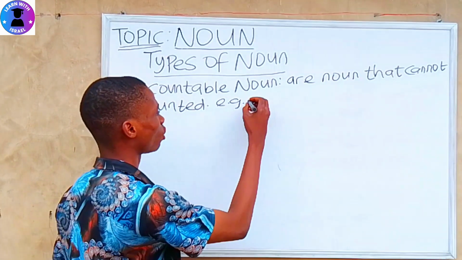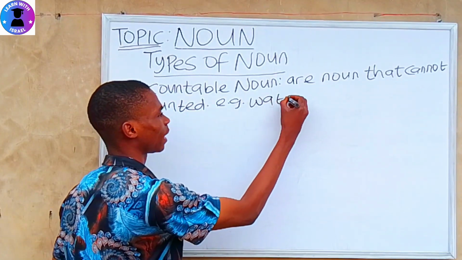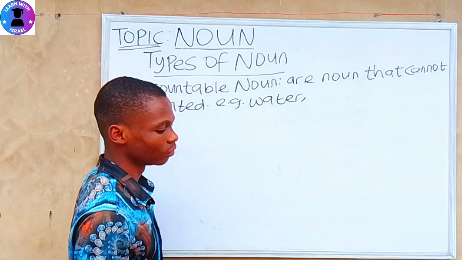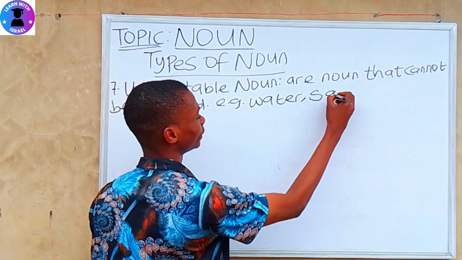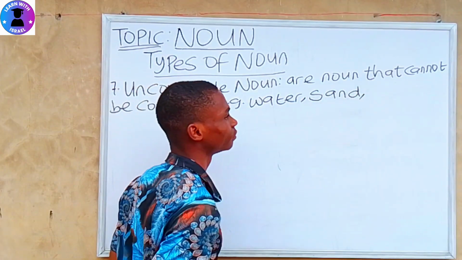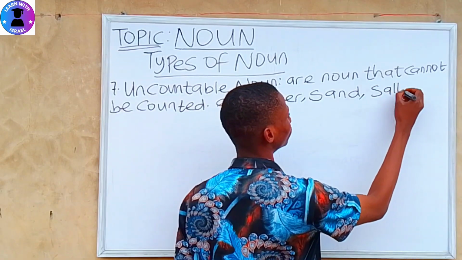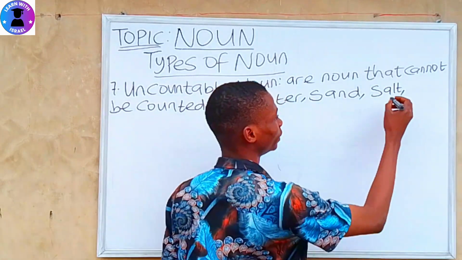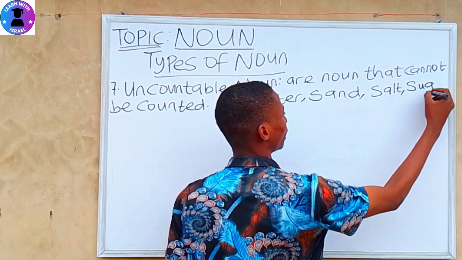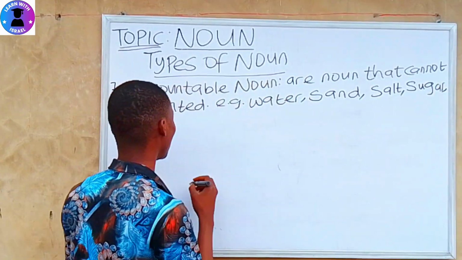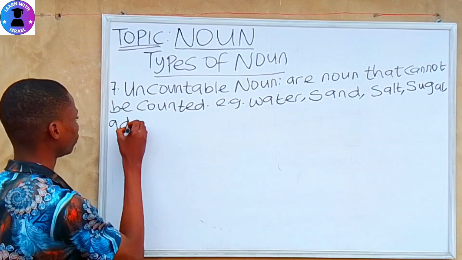For example, we have water. Water cannot be counted. We also have sand. Sand cannot be counted. We also have salt. Salt cannot be counted. Sugar. Sugar cannot be counted. Advice. Advice cannot be counted.